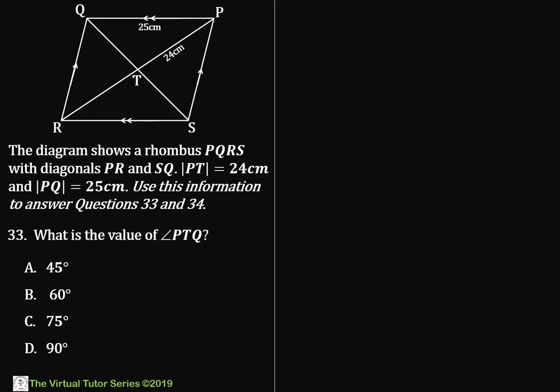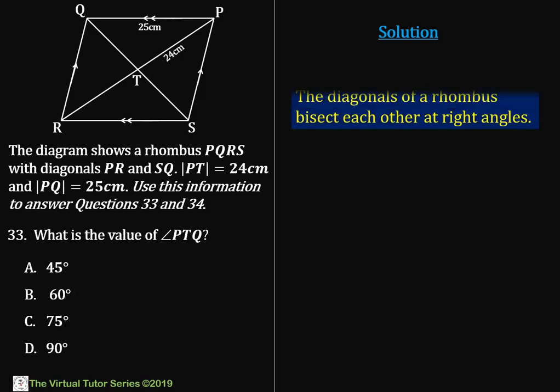What is the value of angle PTQ? Solution. The diagonals of a rhombus bisect each other at right angles. Therefore, angle PTQ is 90 degrees. Hence, option D is the correct answer.